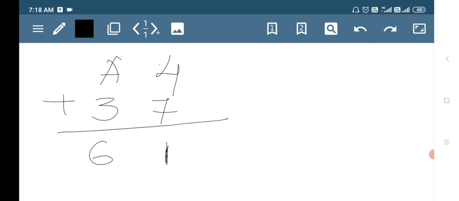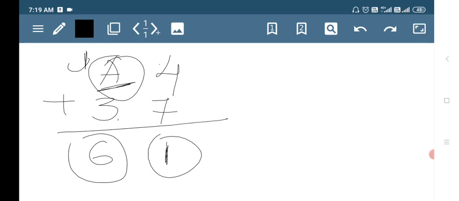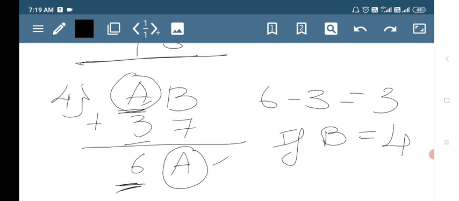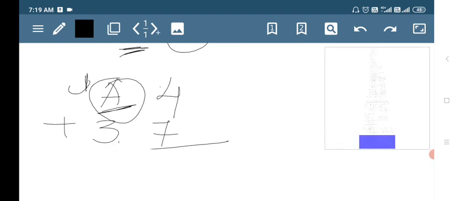If I take the carry as 1 here, 3 plus 1 is 4, this is carry 1, 5, to become 6 it is how much? It can be 2. So, this A and this A are not the same. So, the value of B could not be 4.